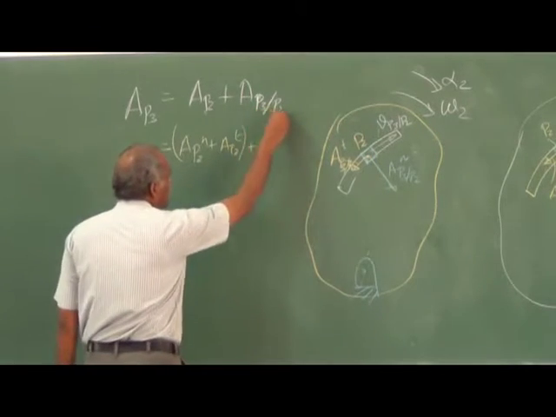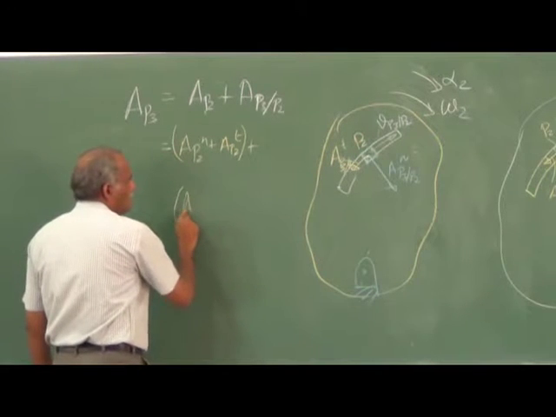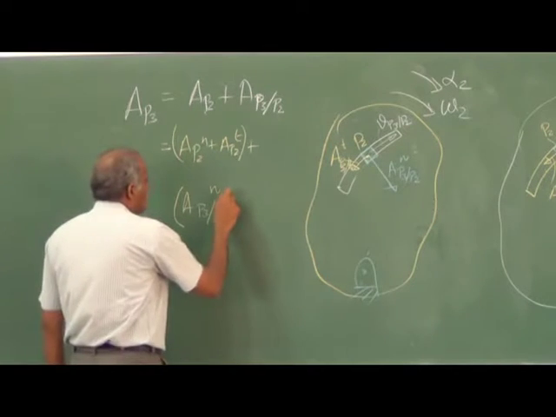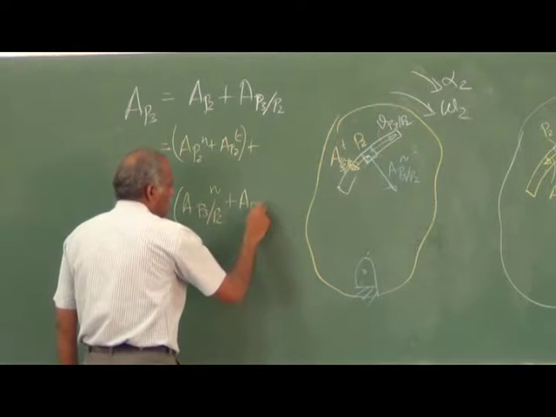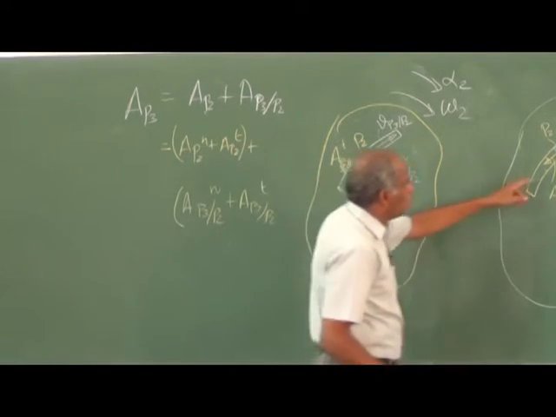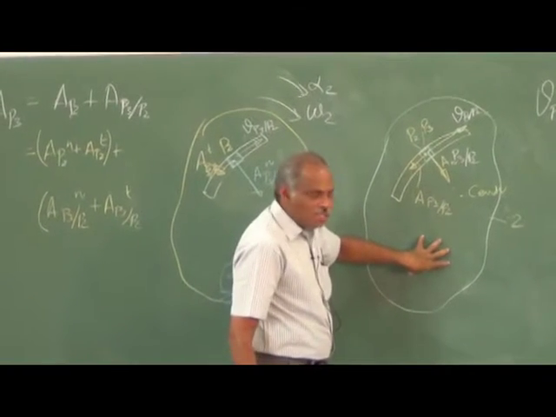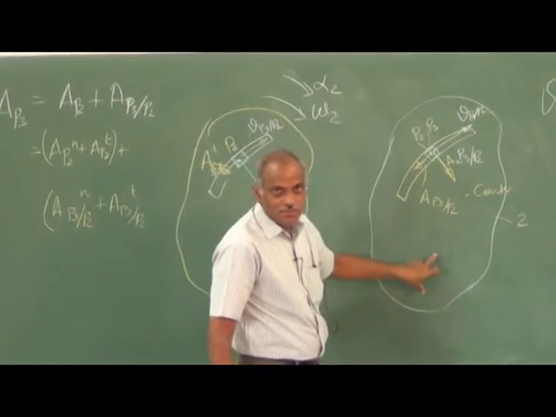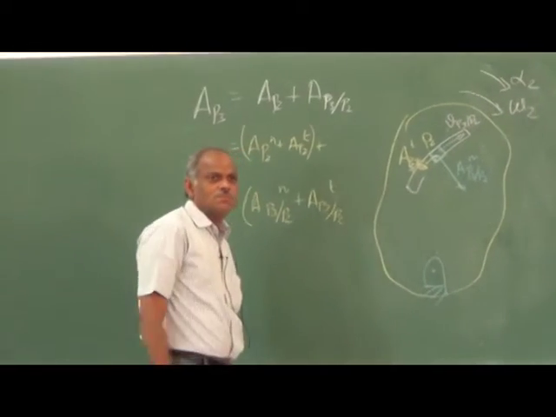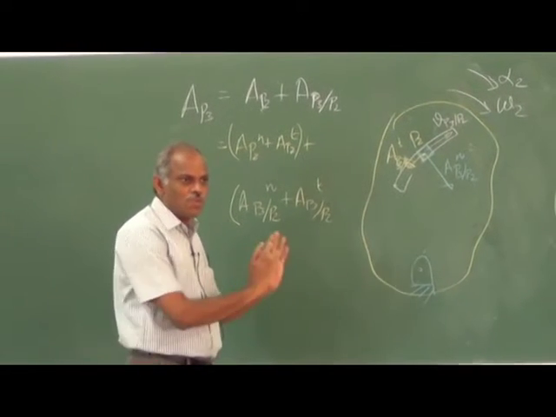So now acceleration of P3 with respect to P2, what are the components? You have acceleration of P3 with respect to P2 normal plus acceleration of P3 with respect to P2 tangential, because as you see there are two components of acceleration, even if this is stationary. Now the final term is to be added.